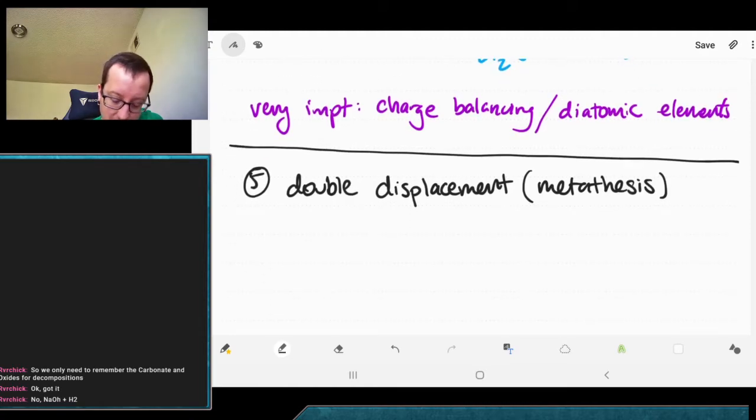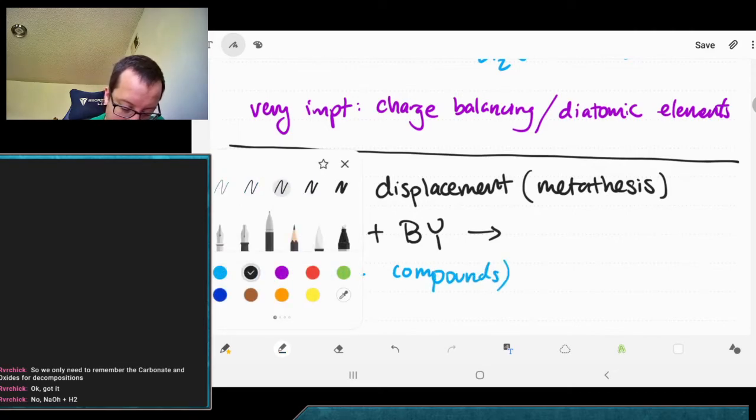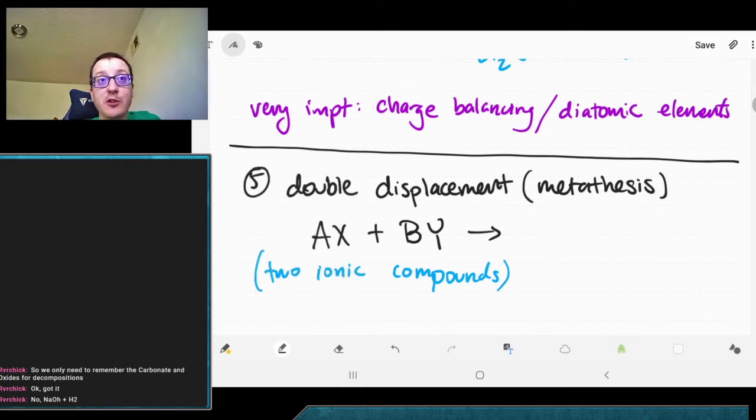How this is going to work is we're going to have two ionic compounds now. Two ionic compounds, and they are going to switch partners. We're going to end up with AY plus BX. They just swap partners.